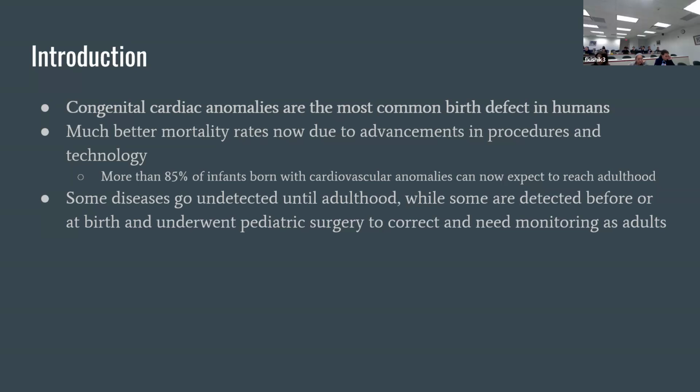We're going to talk about the two categories of acyanotic and cyanotic congenital lesions. Usually acyanotic may not be present at birth. It may be a couple months later, whereas cyanotic will be present immediately after birth. That's going to help you distinguish in a clinical vignette, and also if you go into pediatrics, how you're going to diagnose them.